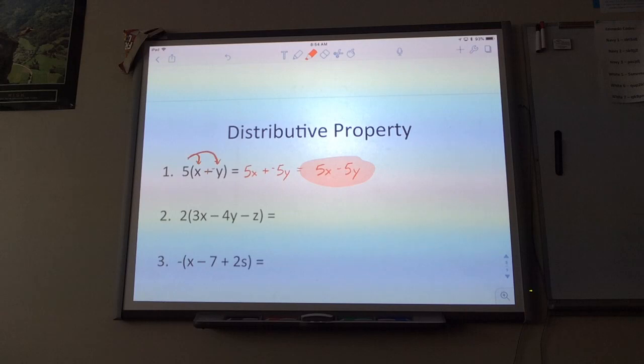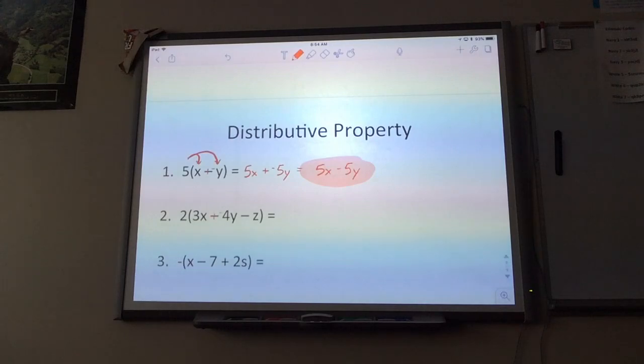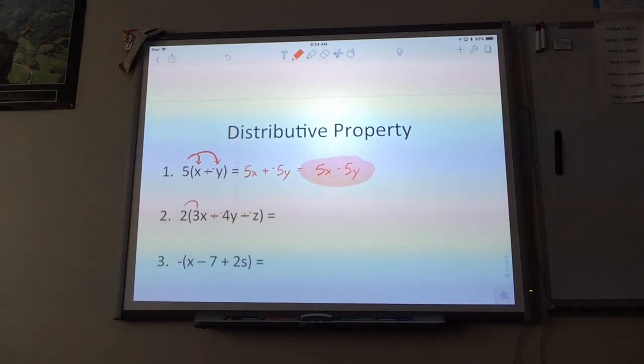Okay, that's the distributive property. So on the next one, let's do our chunka-dunka and distribute. Remember, when you distribute, you can do numbers times numbers and letters times letters. And I'm saying that because later we'll see it in a lot harder way.